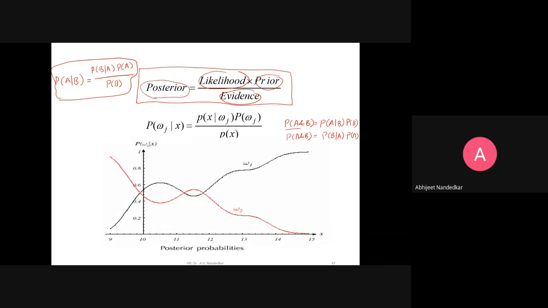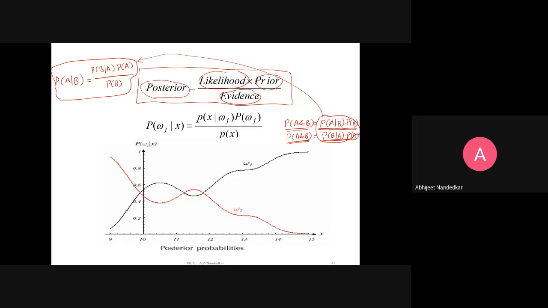This is the joint probability of A and B, and this is the conditional probability of A given B, and this is B given A. If you equate these two equations, you can simplify like this. That is the simple derivation.